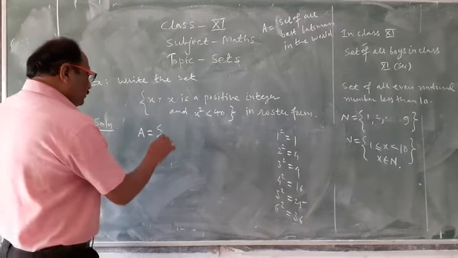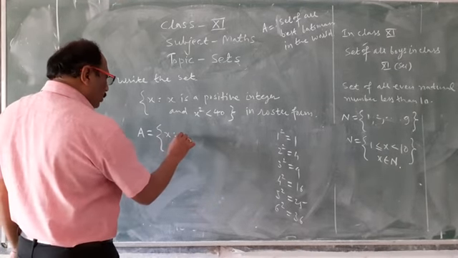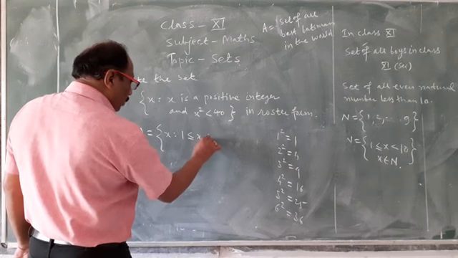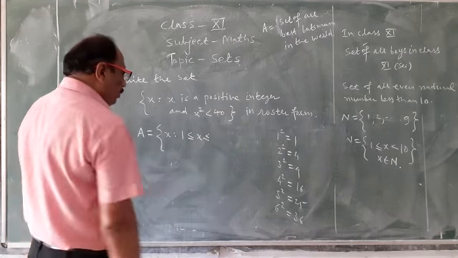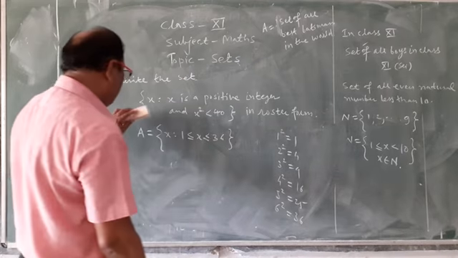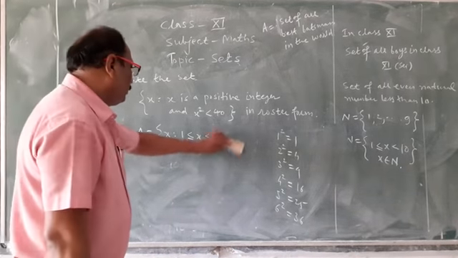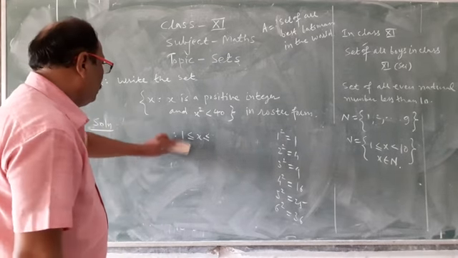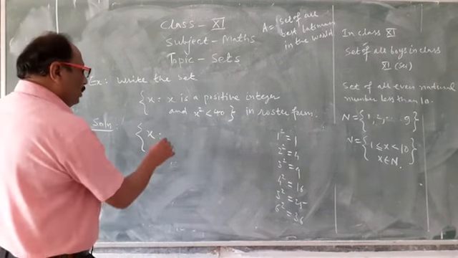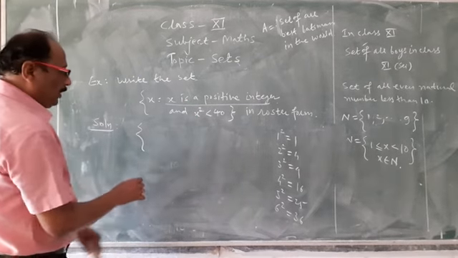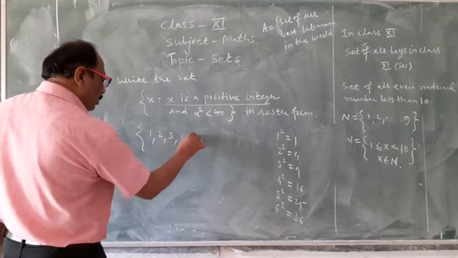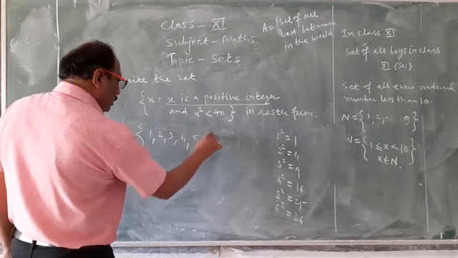Means we take the set of all x, where x is a positive integer, so directly write 1, 2, 3, 4, 5, 6 like this.